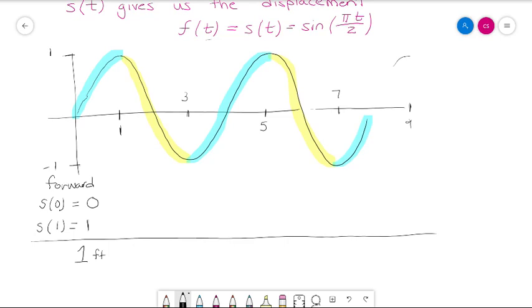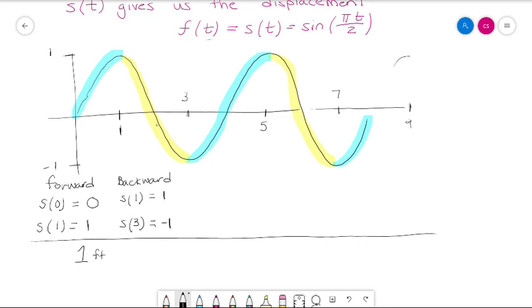All right, and then when we're moving backwards, this time we start at s of 1, and moving in one direction, we go all the way down to s of 3. All right, and then we can definitely plug in t equals 1 and t equals 3 here, but also graphically we can see that that's at 1. Just how this graph works, right? That's how the sine works. And -1. So what's the distance traveled from 1 to -1?